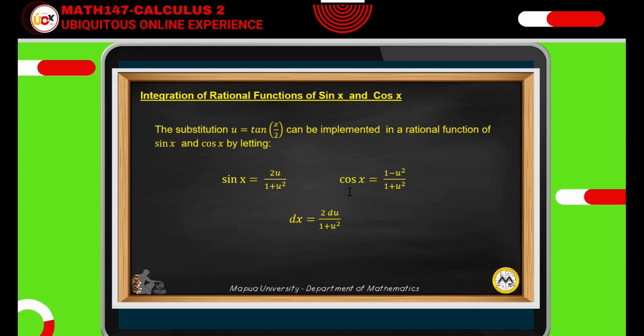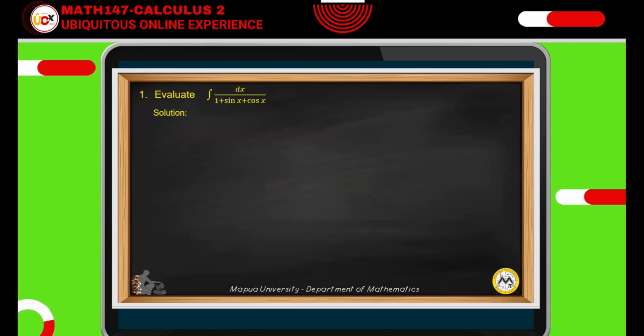For cosine of x, we will have 1 minus u squared over 1 plus u squared. And for the differential of x, we will have 2 times the differential of u over 1 plus u squared. Let us illustrate this substitution in the first example.